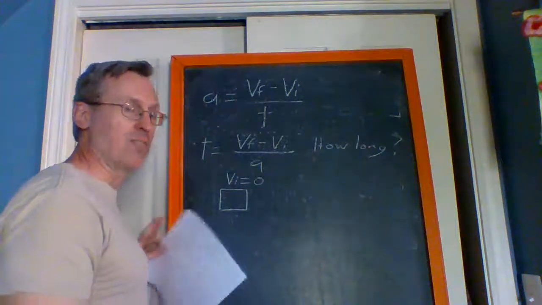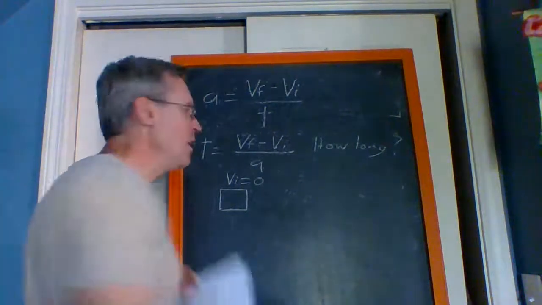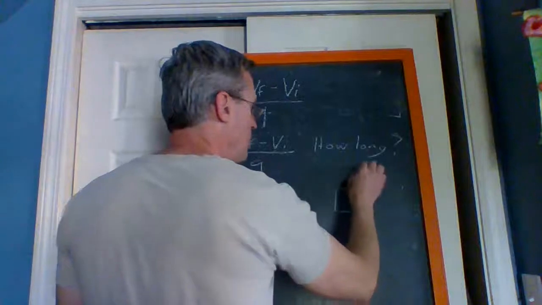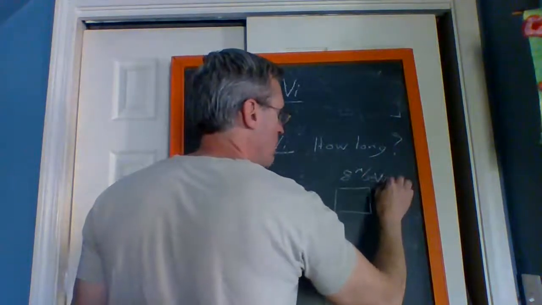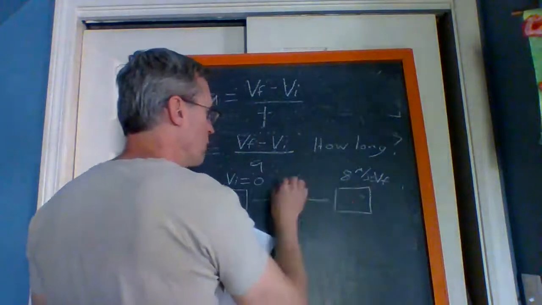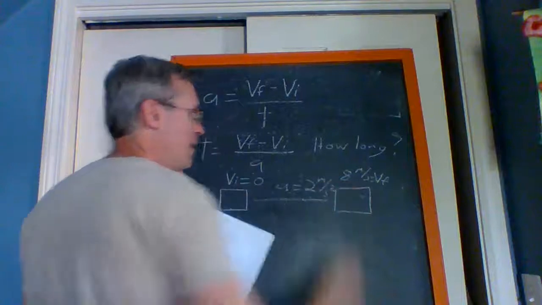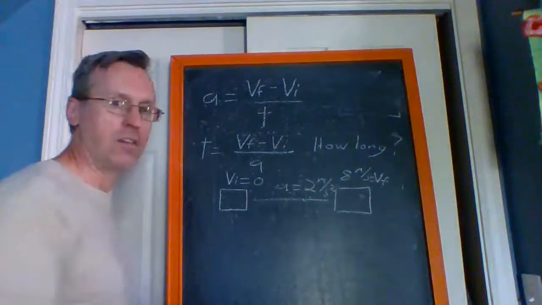It doesn't matter whether it's miles per hour or meters per second, 0 is 0. You're going to speed up to 8 meters per second, that's your final velocity, vf, with an acceleration of 2 meters per second squared. How long does it take you to do that?